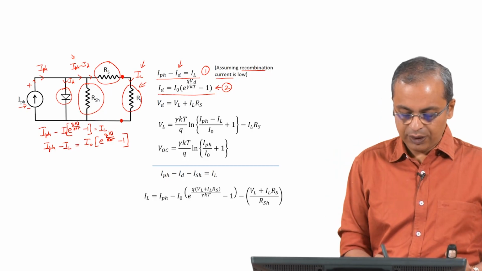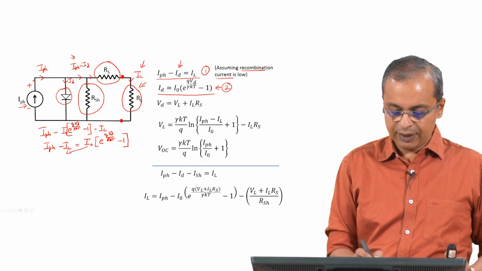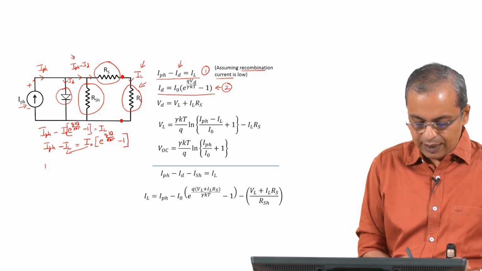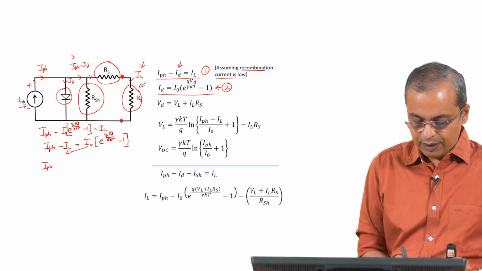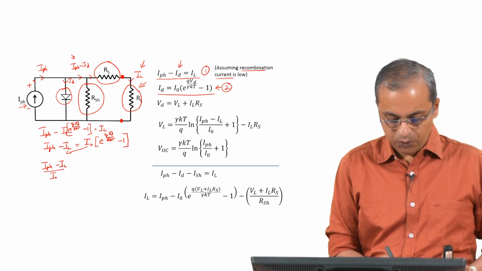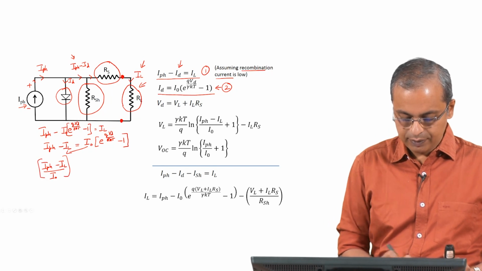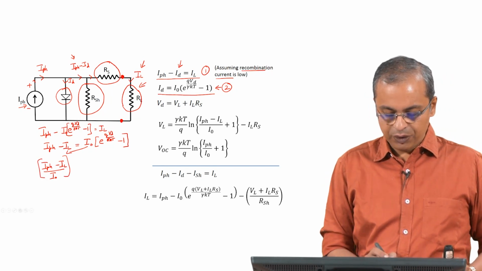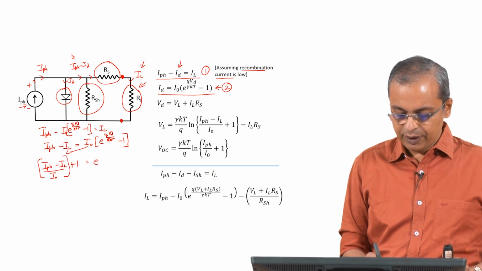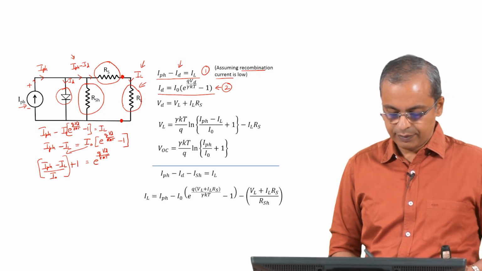Now I will move the I naught to this side and I will move the 1 also to the other. So, IPH minus IL by I naught is now one term, and then I can move the 1 to this side. So, that will become plus 1 equals e power q Vd by gamma kT.